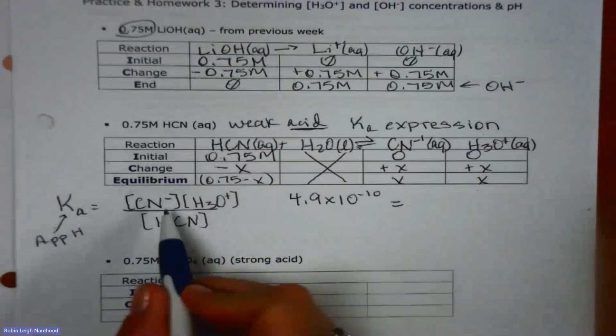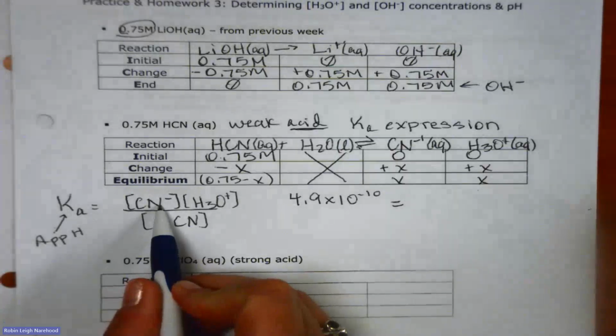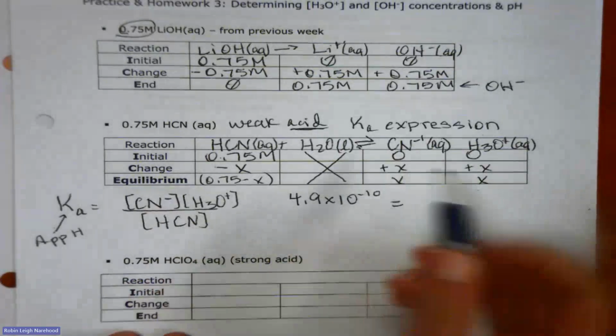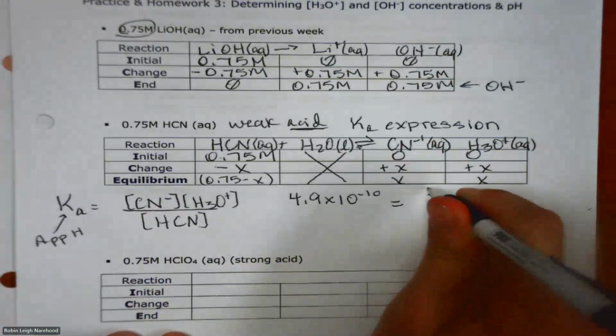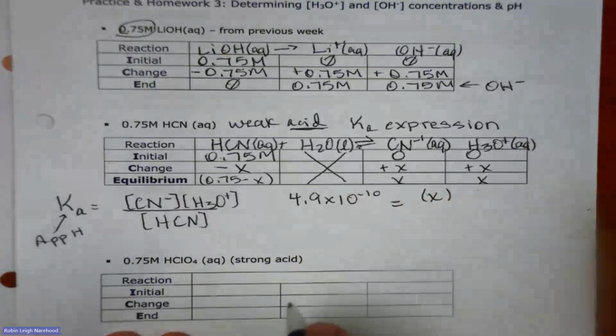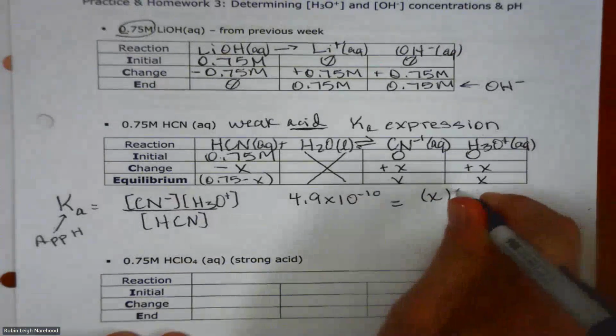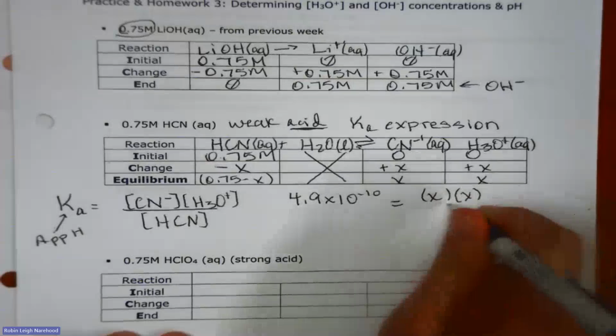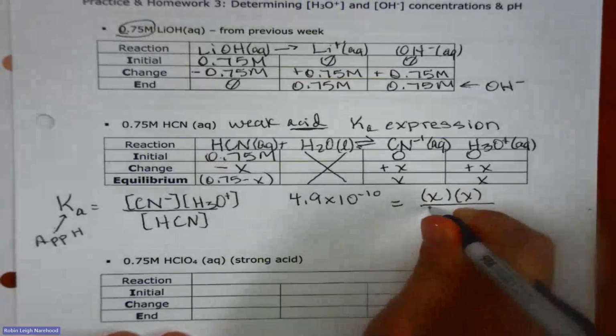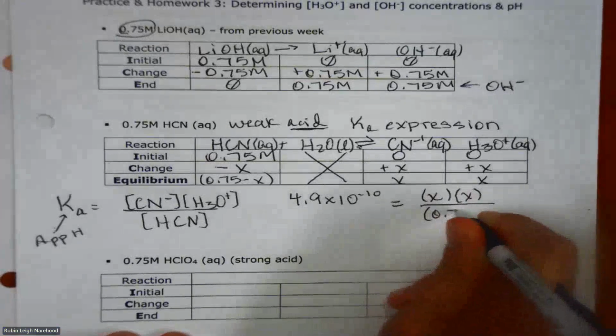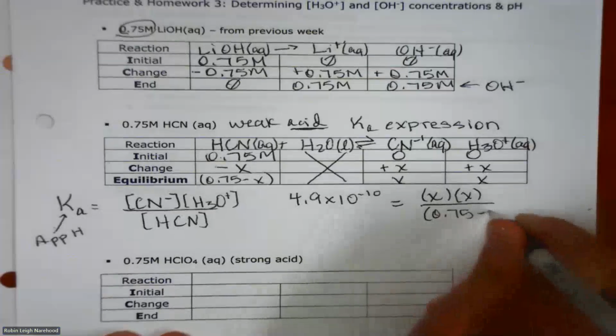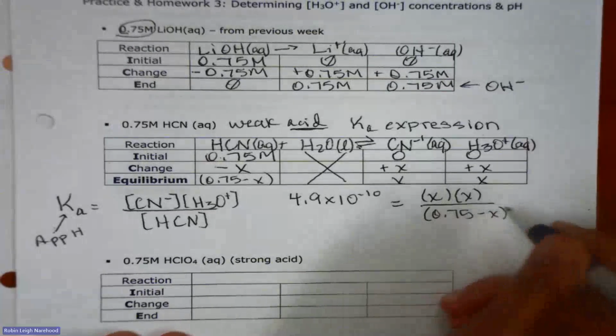Okay, so that would be equal to the concentration of cyanide at equilibrium, which is X, times the concentration of hydronium at equilibrium, which is X, divided by the initial concentration minus X. Okay.